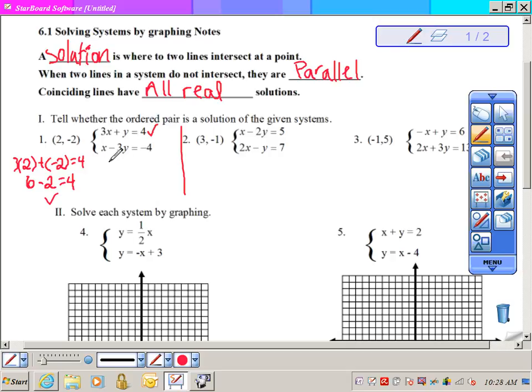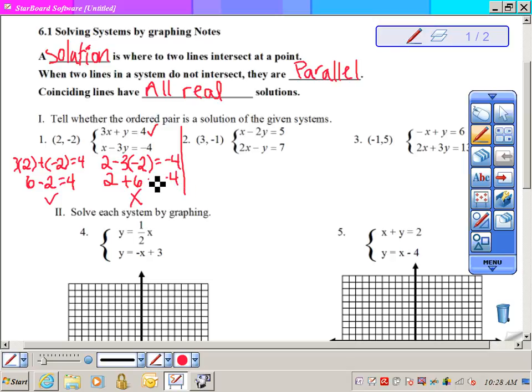So the second one, I need to have 2 minus 3 times -2 equals -4. So when I rewrite, I have 2 plus, what's 3 times 2? 6 equals negative 4.